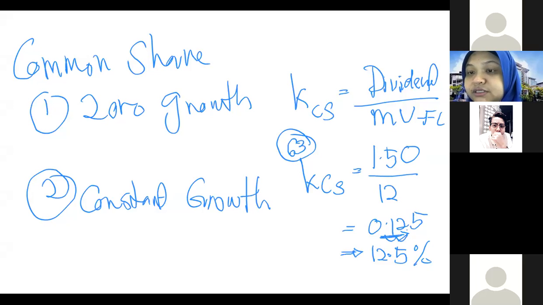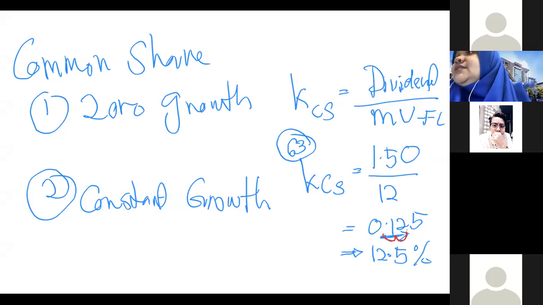Convert into percentage means that you multiply by 100. So multiply by 100, which means you move the decimal two places to the right. So it becomes 12.5%.